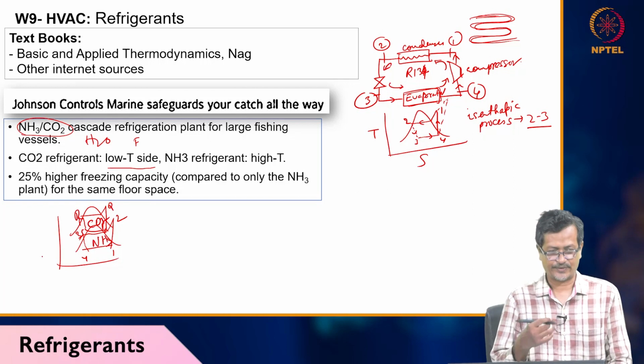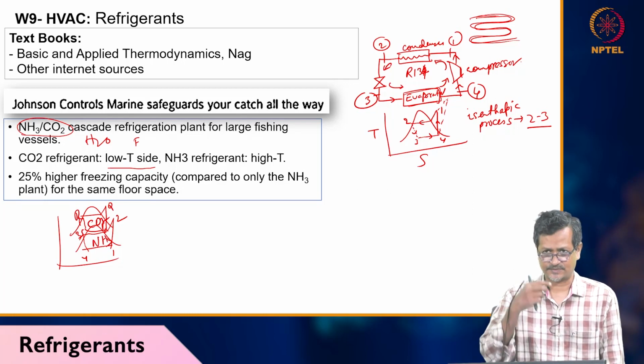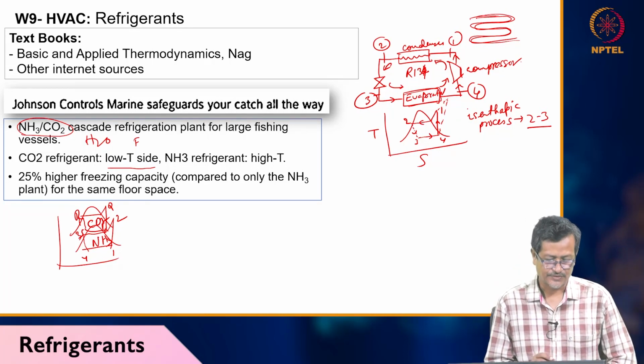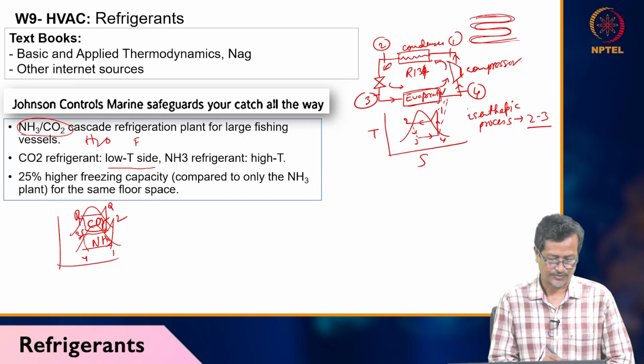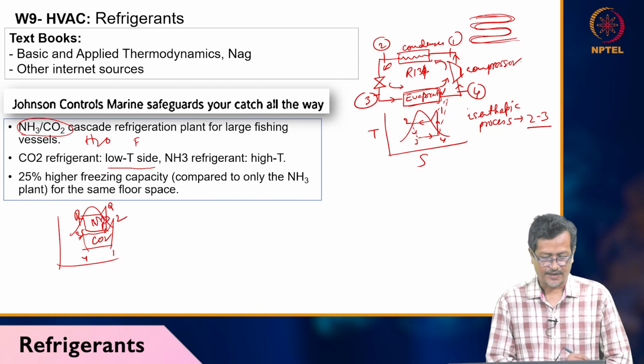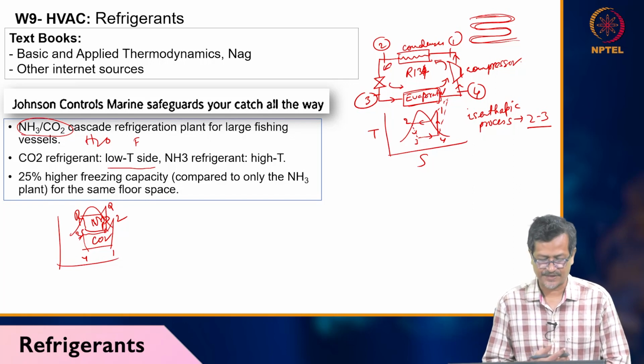Okay, in a similar way you can design your refrigerator system. A cascade system will have two systems, three systems, or multiple systems. CO2 will be on the low temperature side, so this one will be CO2 and this one will be NH3. Okay, 25% higher freezing capacity. As per the company document, the freezing capacity is higher for the same space.